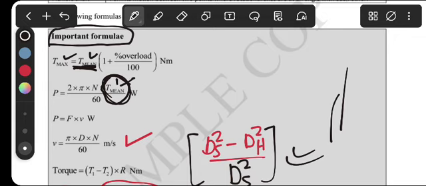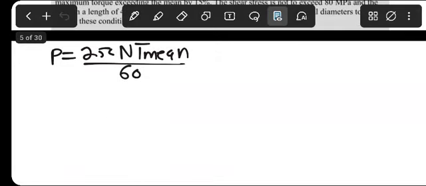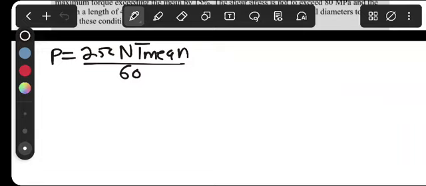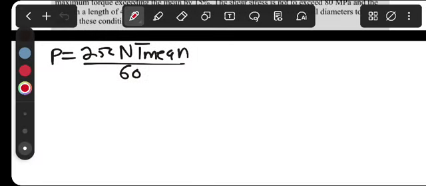So that is a mean torque, by the way. Sorry about that.